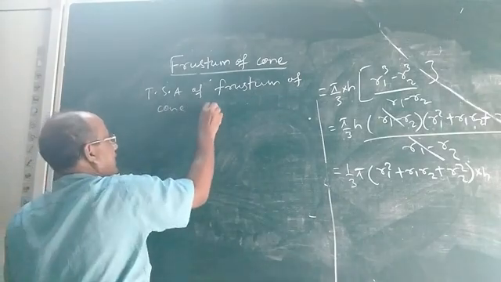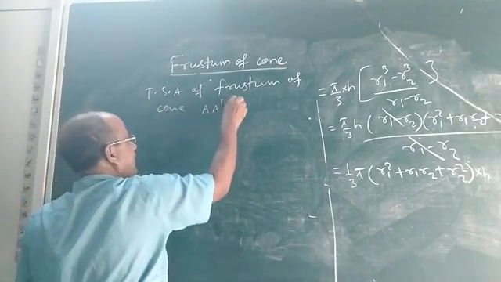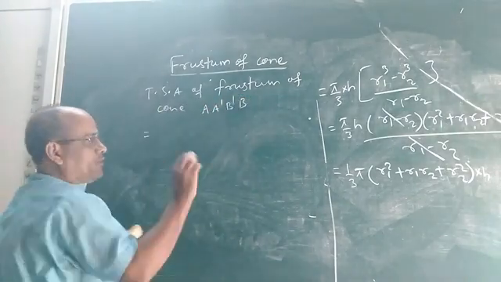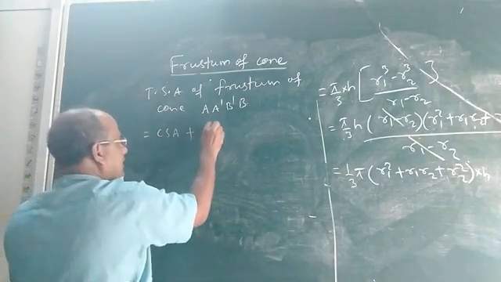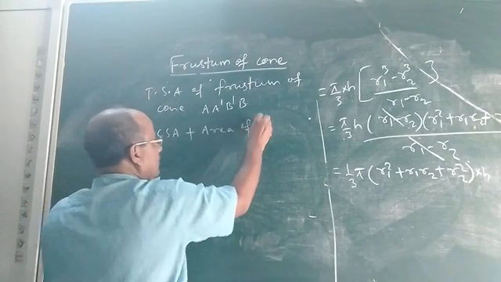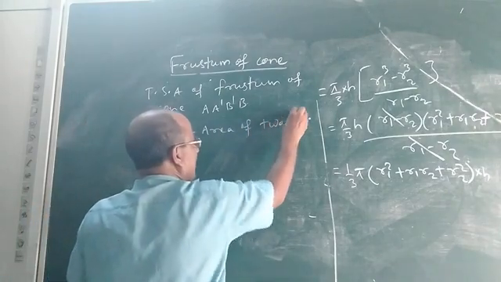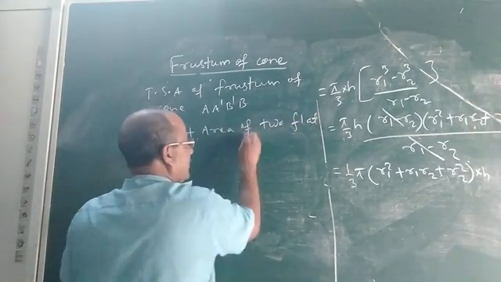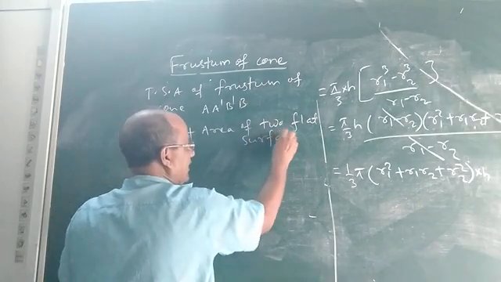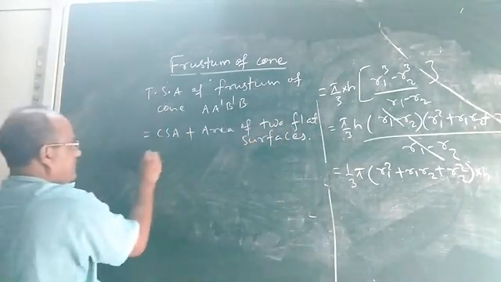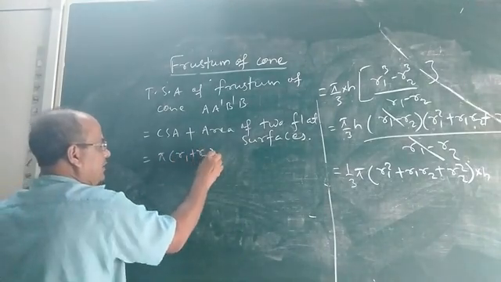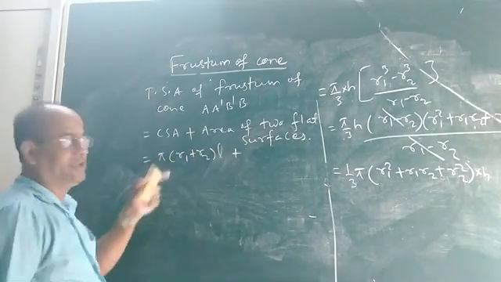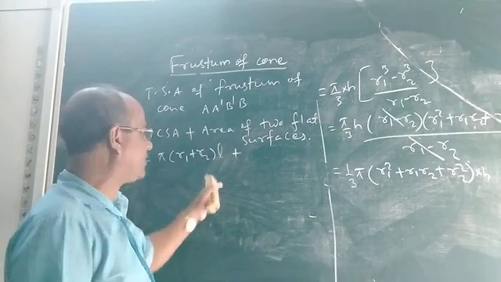It was A dash, B dash and B. It will be equal to the curved surface area plus area of two flat surfaces, or area of two circular ends. So already CSA we know, it is pi into r1 plus r2 into l. We already know the formula for area of curved surface.